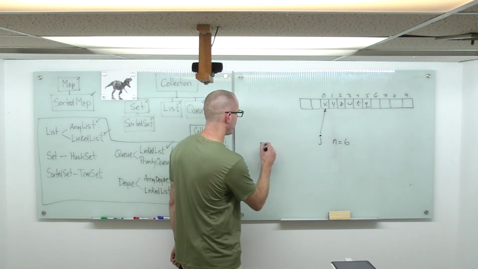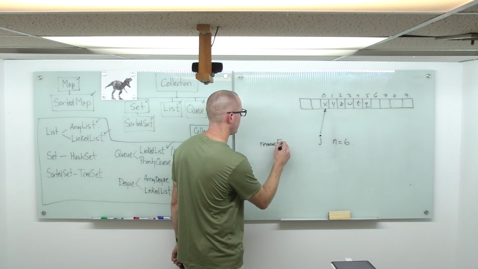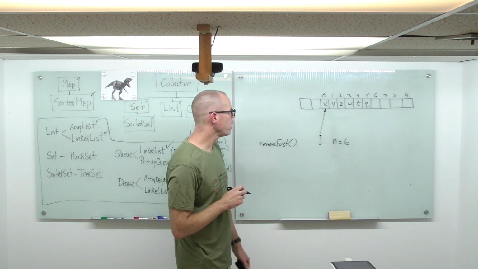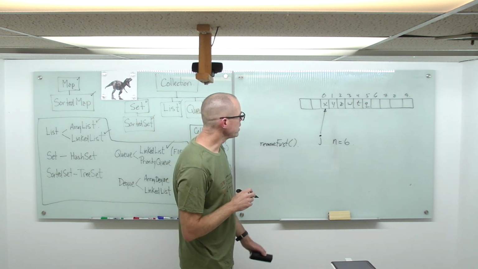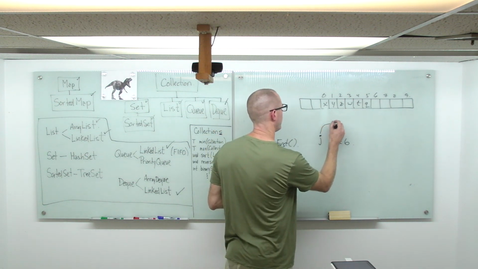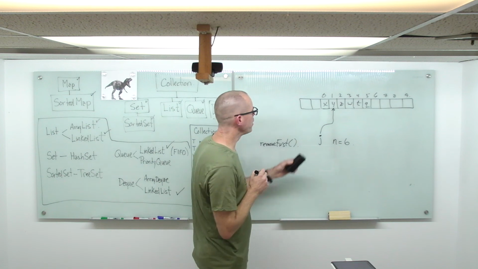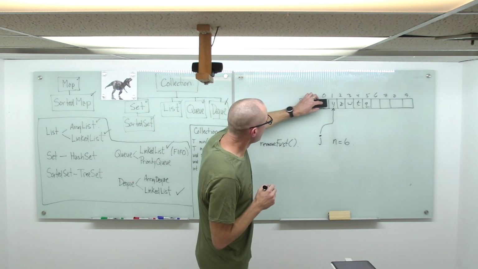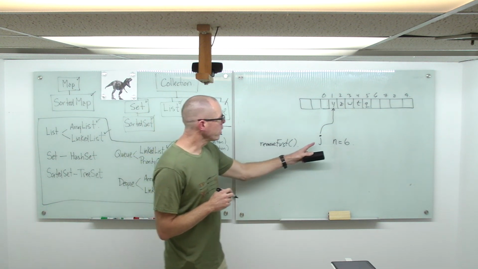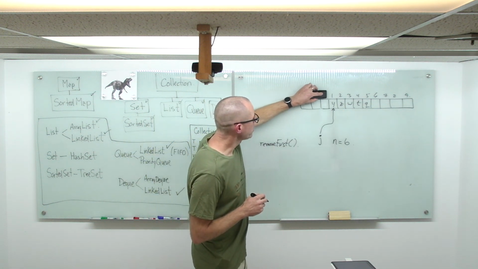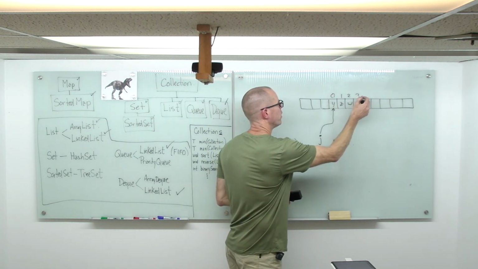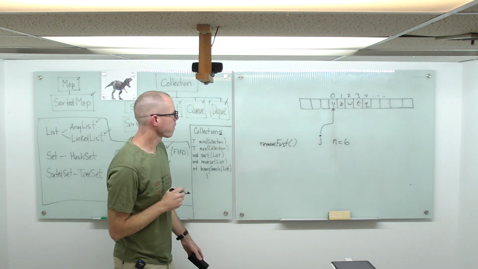If I want to remove first, so I want to remove the first thing in this deck, that's easy. I just increase the value of j, and maybe to be nice to the garbage collector, I will put a null there. And just increasing the value of j implicitly changes all of those indices. Right now, this is the thing at position 0, 1, 2, 3, 4, and so on.